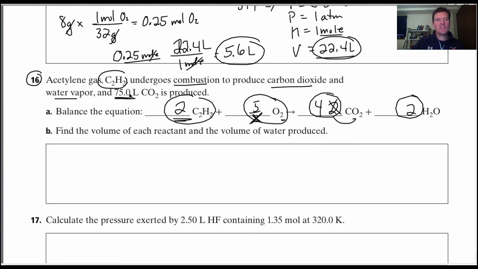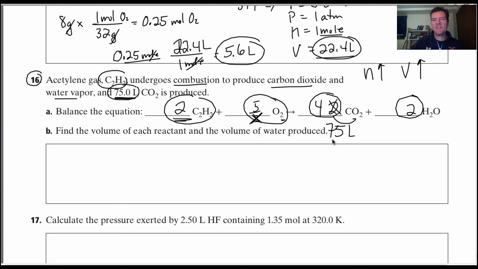Well, it says here that we have 75 liters of carbon dioxide. Okay? All of these here are going to be gases. And so as the number of moles increases, the volume is going to increase as well.